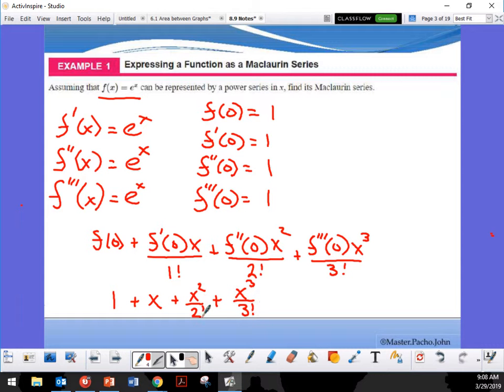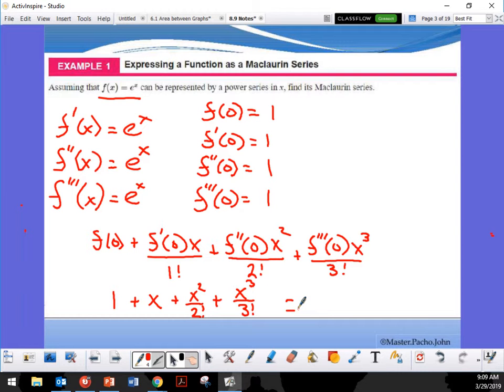Let's just go with the factorials because it'll make sense in a second. And it'll be 6, not 5: 3 times 2 times 1. Now let's see, can you tell me what the pattern is going to be? Are they all staying the same sign? Okay, good. They stay the same sign.